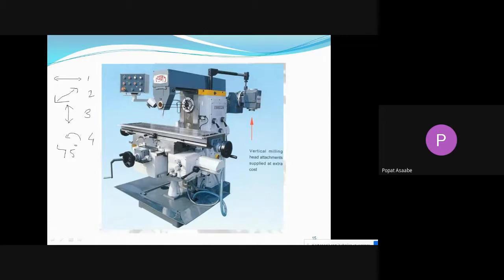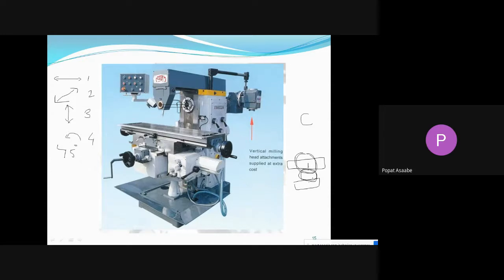And this is the knee. In between, one additional element we are going to use here: one swing base. On that swing base we are going to mount the table, in between the saddle or knee and the table.